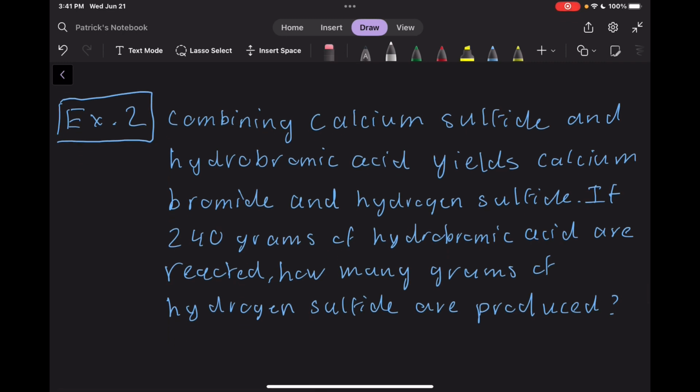One more. Example 2 says, combining calcium sulfide and hydrobromic acid yields calcium bromide and hydrogen sulfide. If 240 grams of hydrobromic acid are reacted, how many grams of hydrogen sulfide are produced?